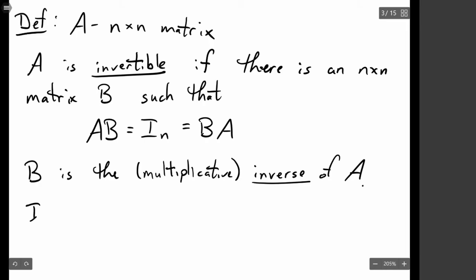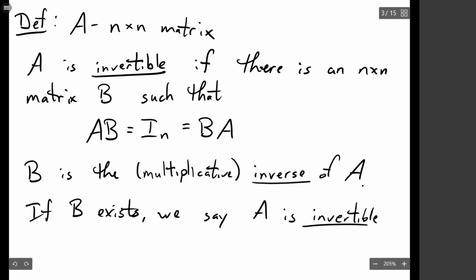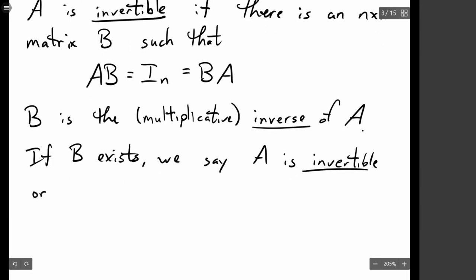So if B exists, we say A is invertible or non-singular.